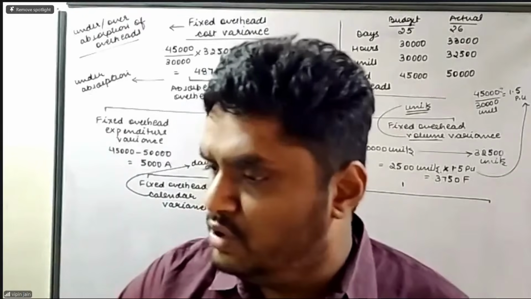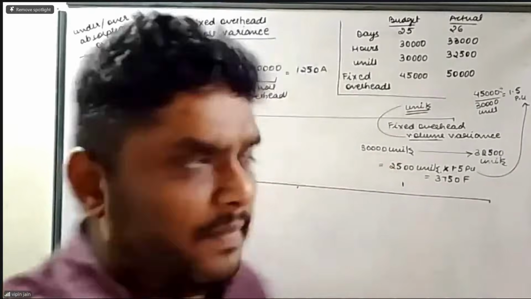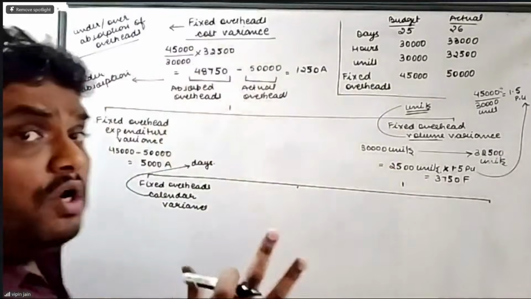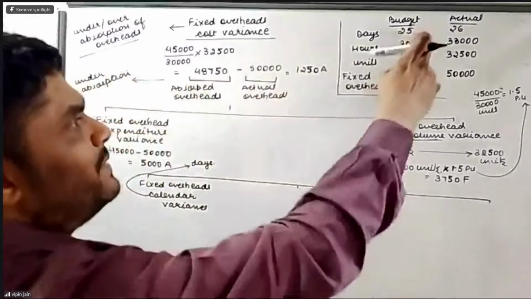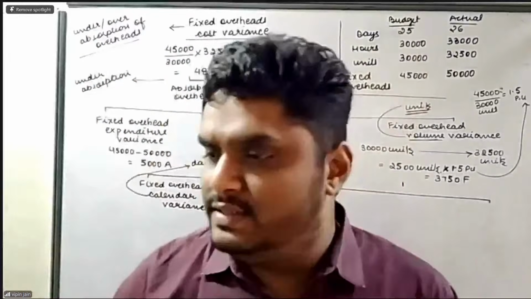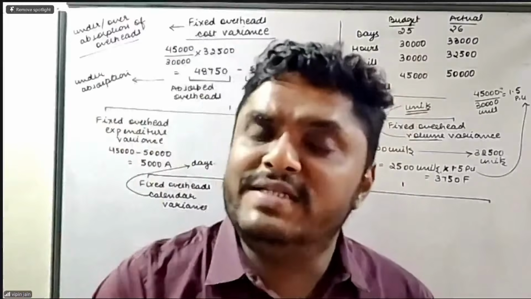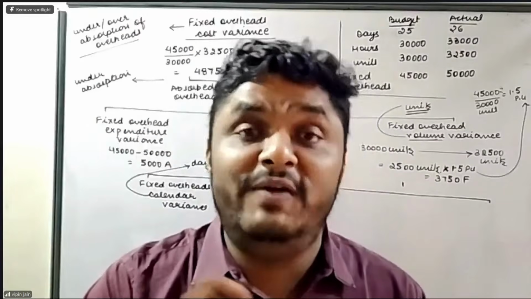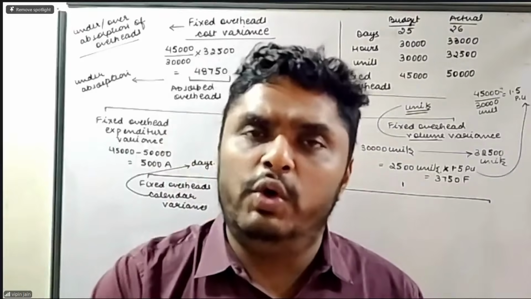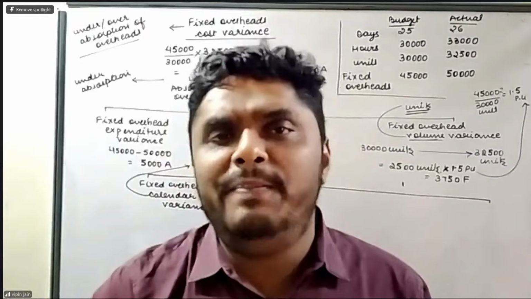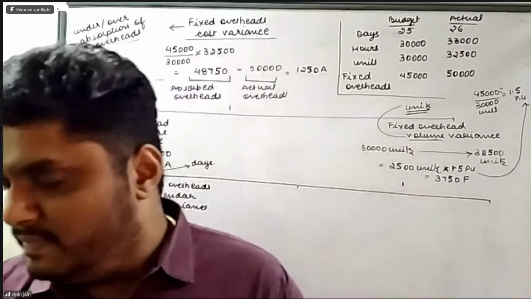Now, calendar talks about days. So Lohit, we were supposed to work for 25 days, but we actually worked for 26 days. My first question to you, Lohit: is it a good sign for the company or a bad sign?